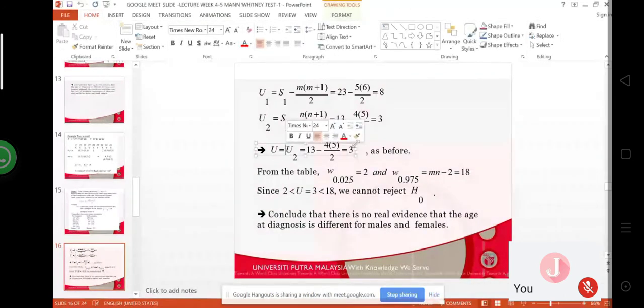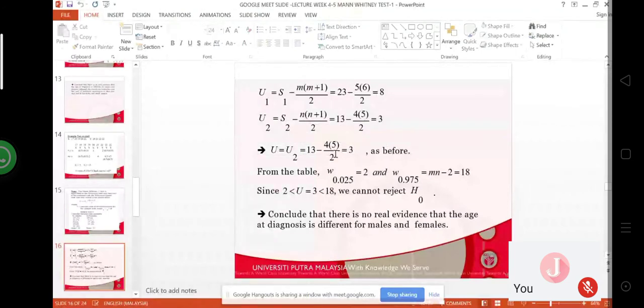U should be equal to the minimum of U1, comma U2. So you just write U equal to the minimum of U1, comma U2, and then U equal to the minimum of 17 and 3, then equal to 3.